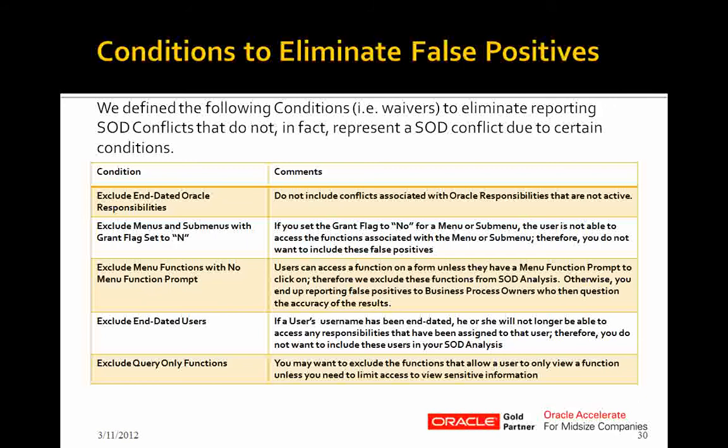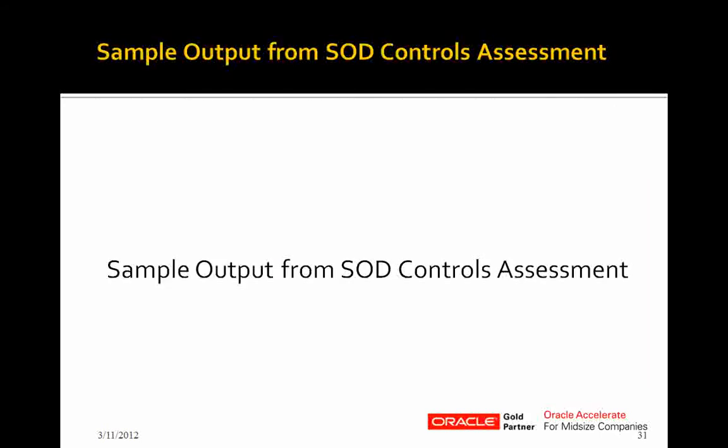Therefore, we exclude these functions from the SOD analysis. Similarly, we want to exclude users who have been end-dated. You may want to exclude functions that allow a user to only view a function unless you need to limit access to view sensitive information.